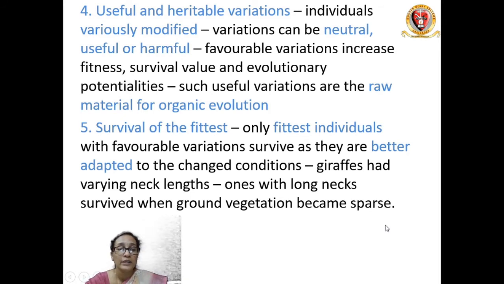He said the environment changed, the scrub vegetation reduced, and giraffes had to reach out for vegetation on the trees. It was found that the giraffes with longer necks had a better advantage than giraffes with shorter necks. So giraffes with longer necks survived, and this character was passed on to the next generation.